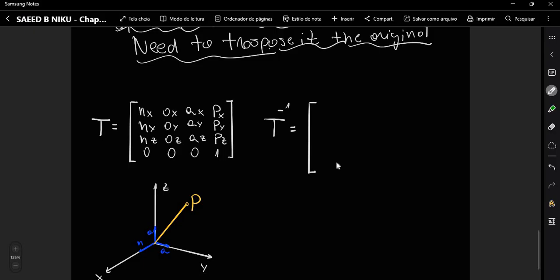The rotation part can be transposed, and the second part, the part of position, is the negative scalar product between the vector p and each of these vectors n, o, a. So let's swap.